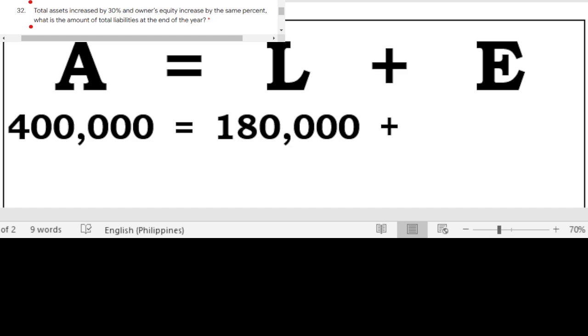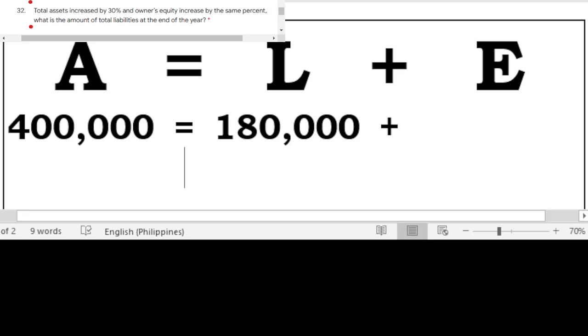So the question is, total assets increased by 30% and the owner's equity increased by the same percent. What is the amount of total liabilities? So what we will do is, this 400,000, we will multiply this by 130%.